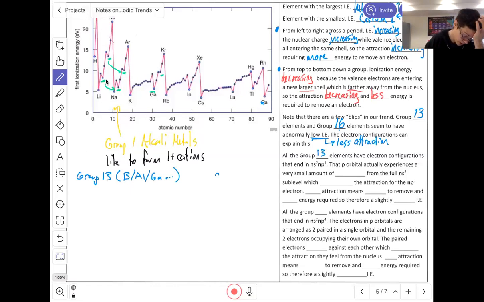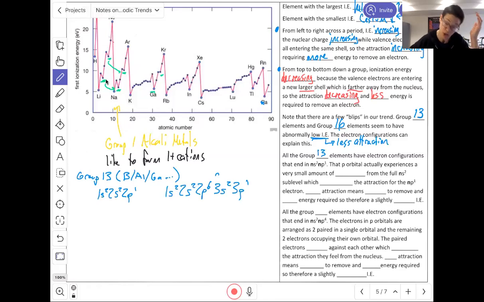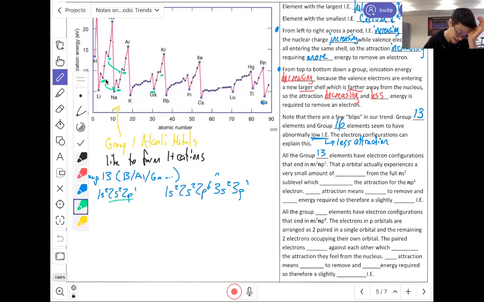So for boron, it would be 1s2, 2s2, 2p1. For aluminum, it would be 1s2, 2s2, 2p6, 3s2, and then 3p1. They all end that way.